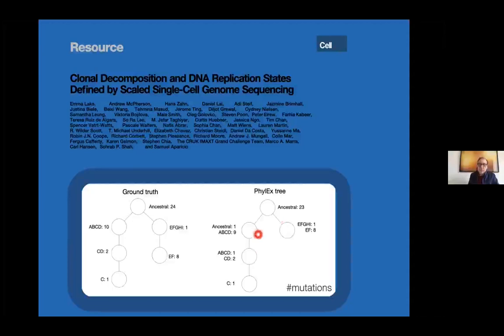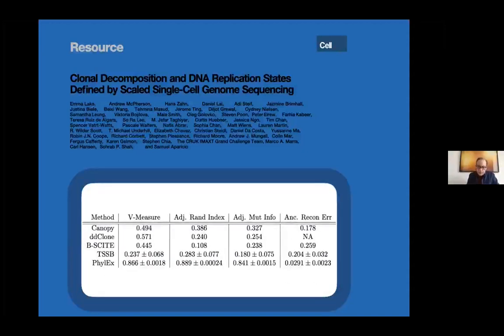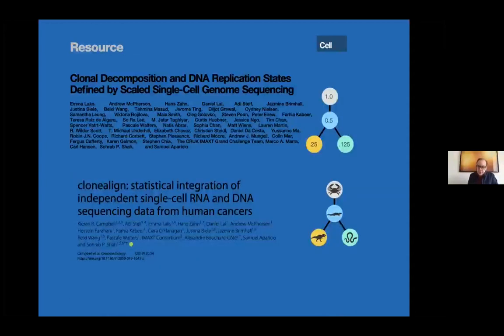And this is what we get. We get almost the same thing. We happen to collapse a bit where it's actually very hard to distinguish between two clones because one of them has only one SNV. Okay, and when we use other tools to do this, they don't get a very good V measure, but we do.